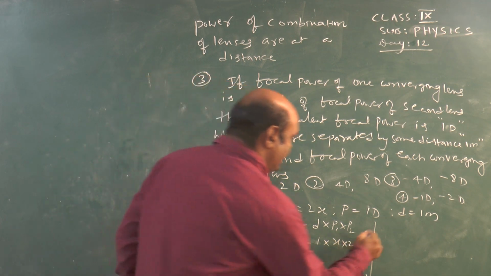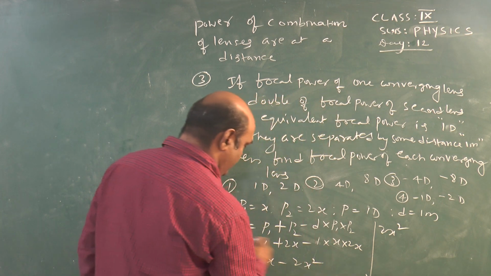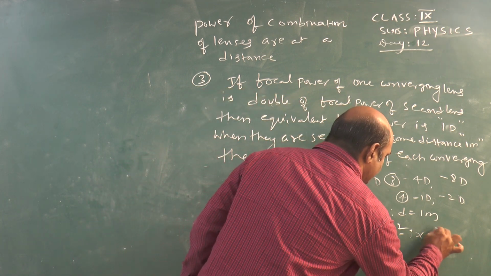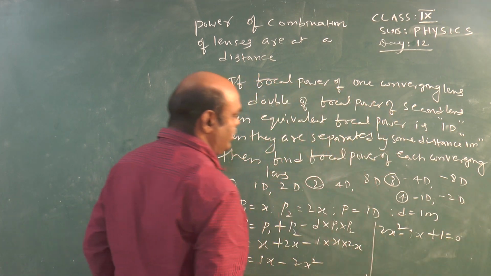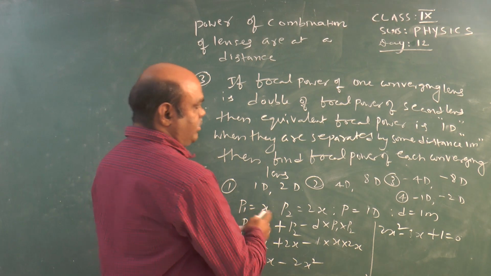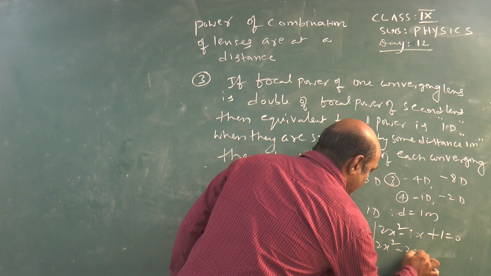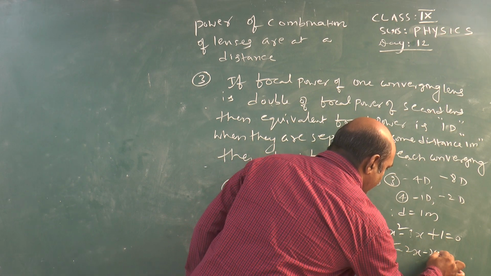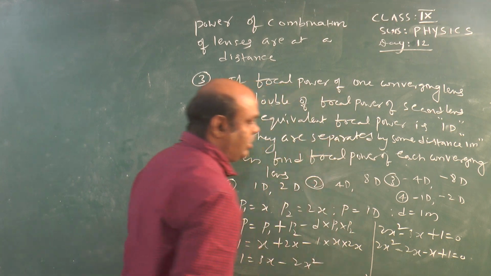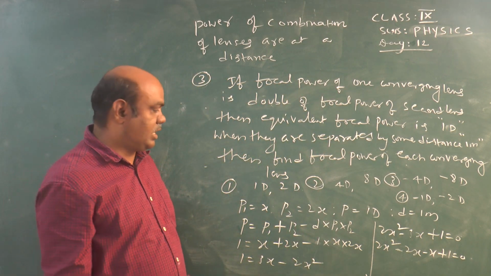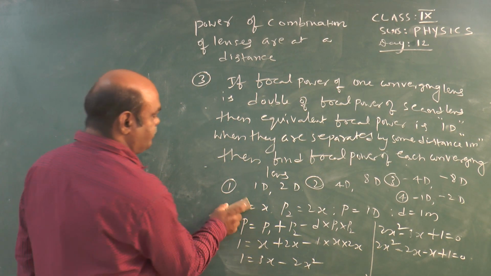How can you write it: 2X square minus 3X plus 1 equal to 0. If you split minus 3X as minus 2X minus X, plus 1 equal to 0.